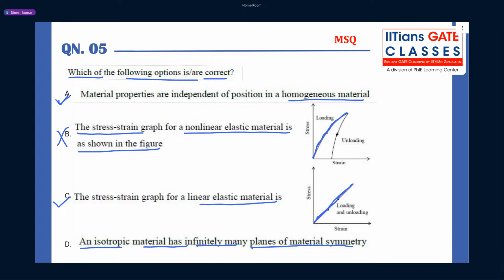Isotropic materials are those materials where, at a point, the material properties are the same in all directions. That means D is also correct, as there will be infinite planes of symmetry at that point. So the correct options are A, C, and D, as you said, Abhishek.